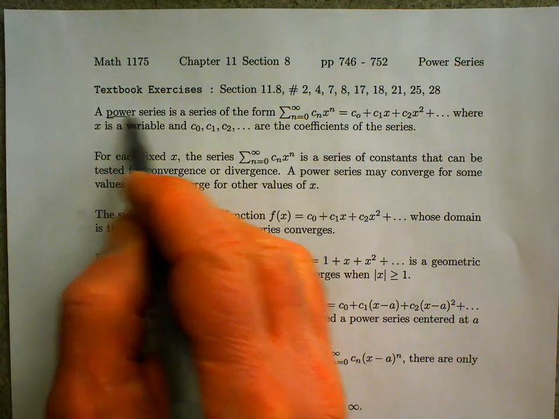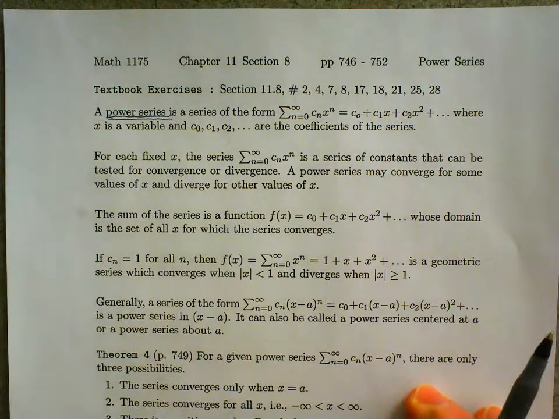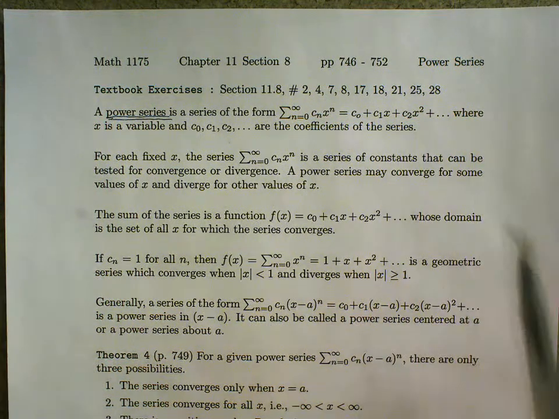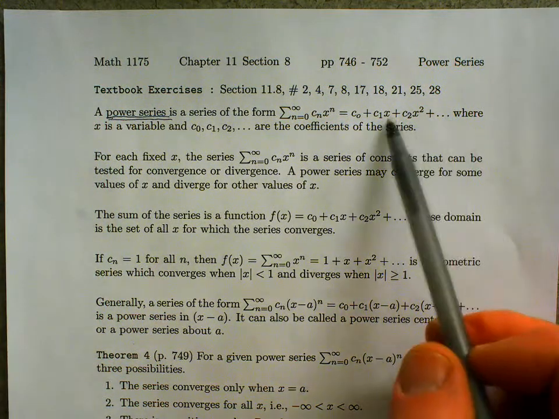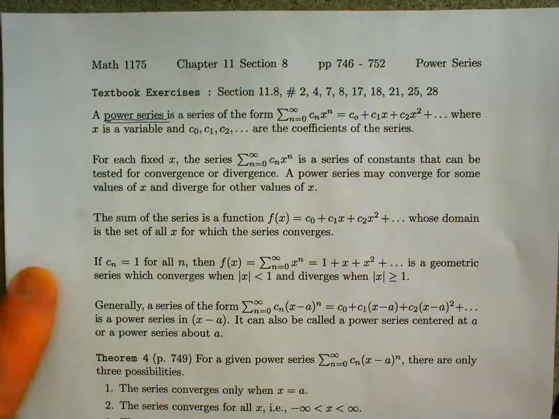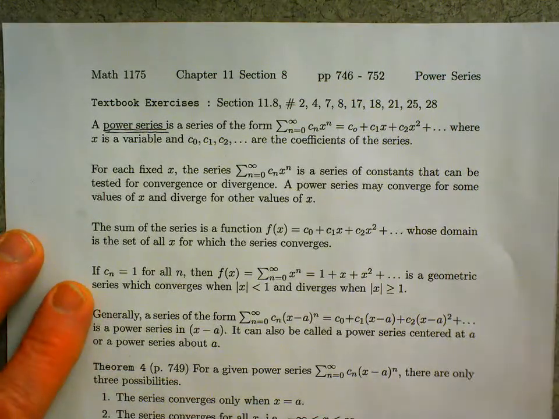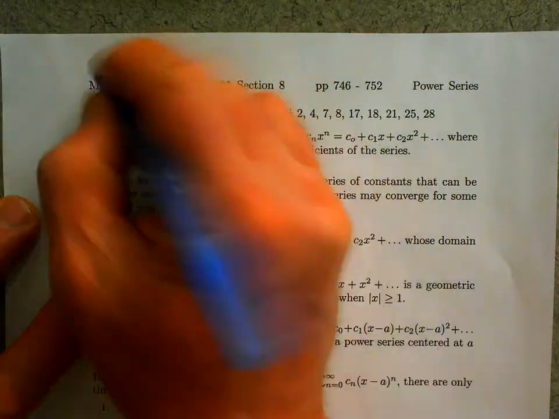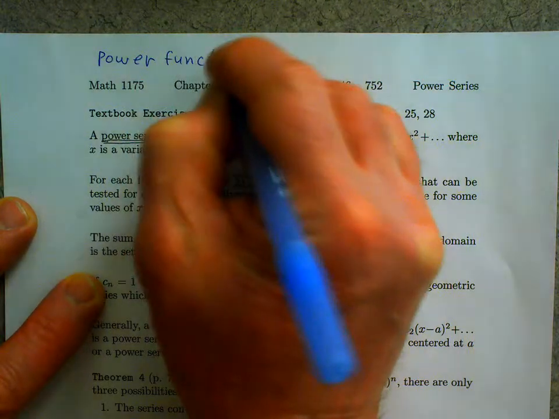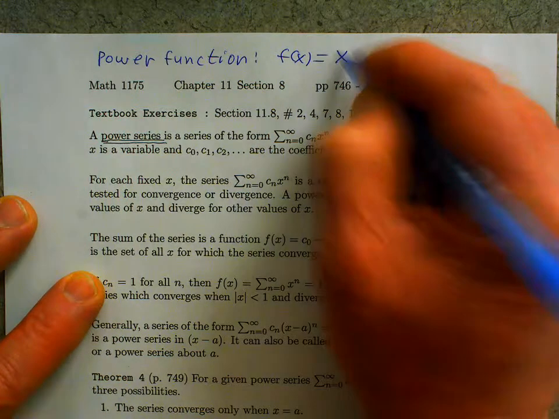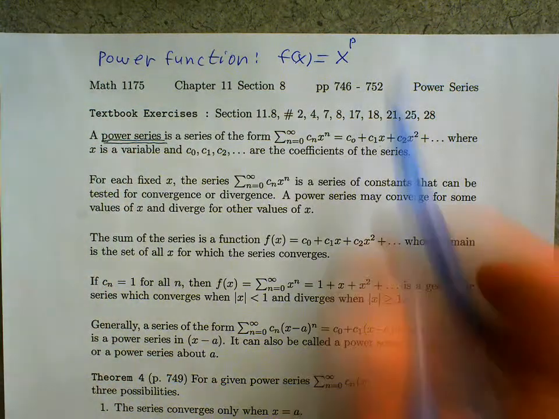It's called a power series because the individual terms in the series are power functions. So you might remember that definition. Power function. An example is f of x, well, x to a constant exponent.